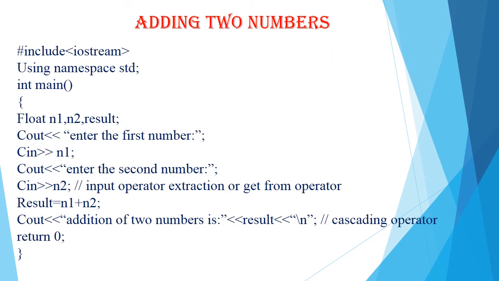This is a sample program to add two numbers using C++. First, we are including the header file iostream. Next, we are using namespace std.